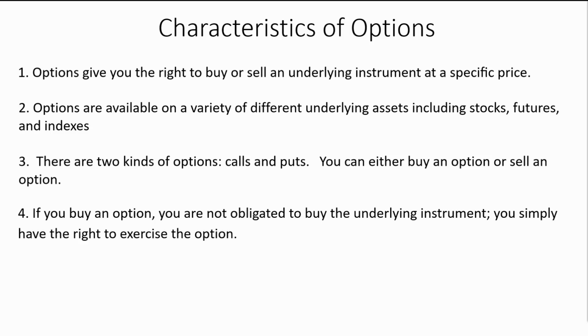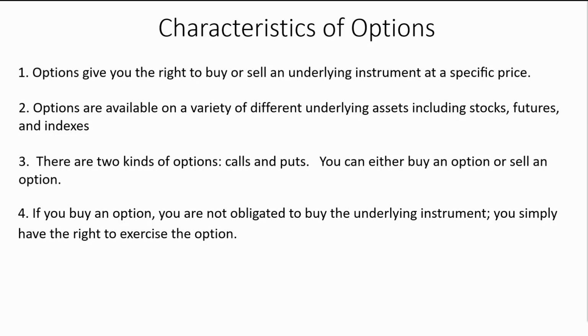Number four, if you buy an option, you're really not obligated to buy the underlying instrument. You simply have the right to exercise the option. What does that mean? As an owner of the option, let's say you buy an option on a stock that's currently trading for $100, and you buy the 105 option on it, and it expires in 60 days, as an example.